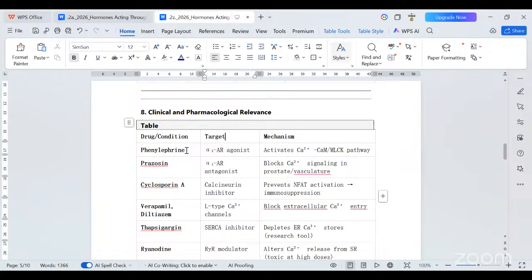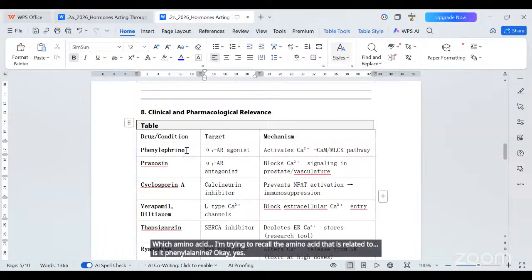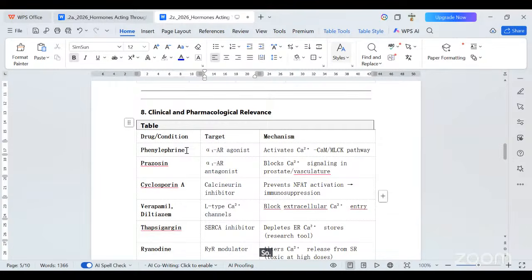Which amino acid? I'm trying to recall the amino acid that is related to this, is it phenylalanine? Okay, yes, phenylalanine is an amino acid. So what happens is that some people are deficient in some enzymes, so they cannot metabolize. Let me give an example.